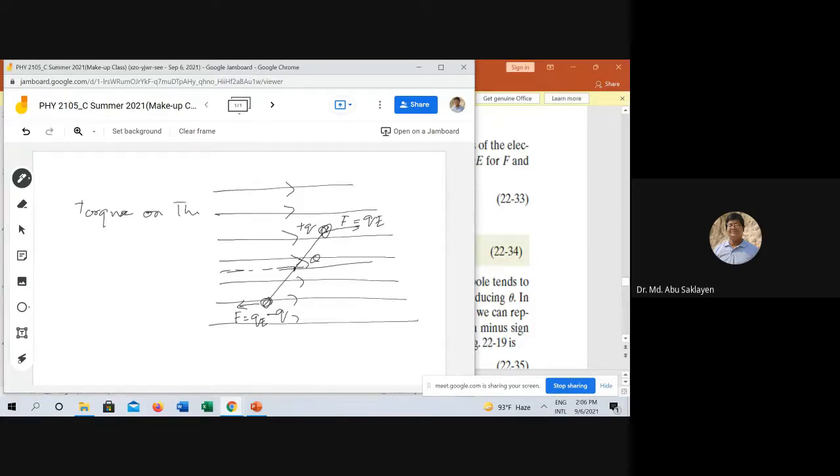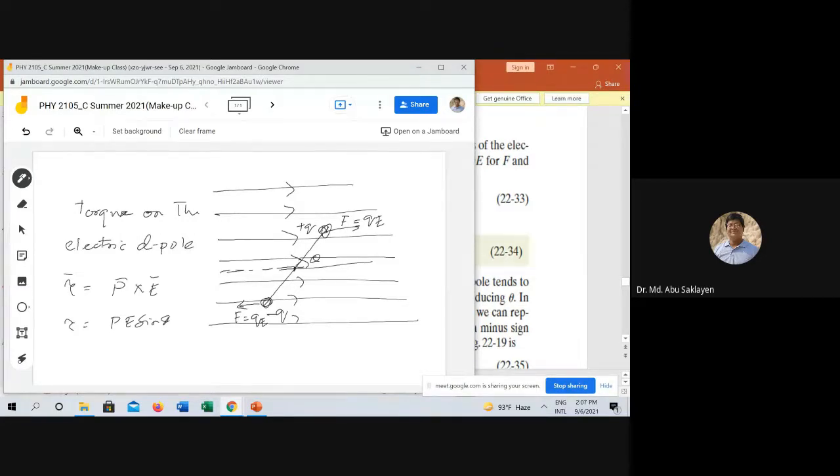So the torque on the electric dipole, tau equals P cross E. In magnitude, PE sin theta, where theta is the angle between the electric field and the axis of the dipole.